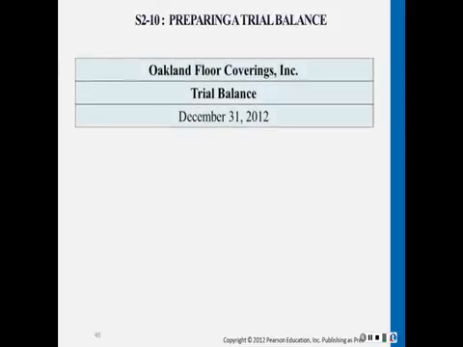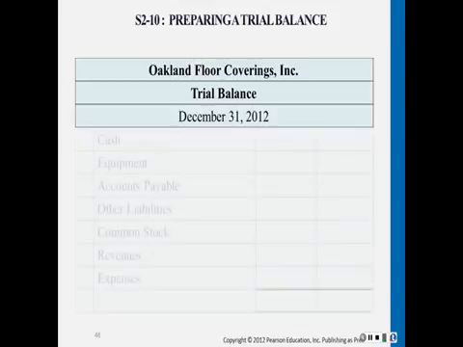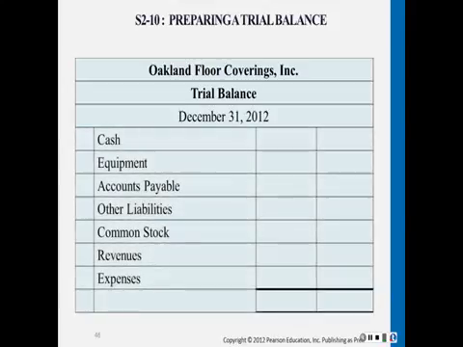The first thing you're going to do is prepare the heading. It's always who, what, when. So we have Oakland Floor Coverings, trial balance, December 31st, 2012. We put the accounts in their order of asset, liability, owner's equity, revenue, and expense. So we begin with cash, which has a debit balance of $12,000.